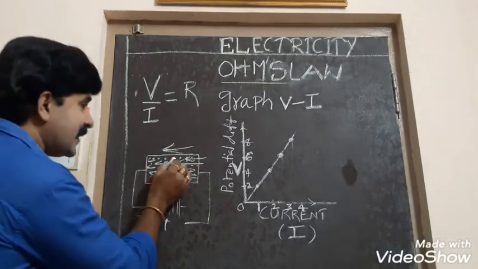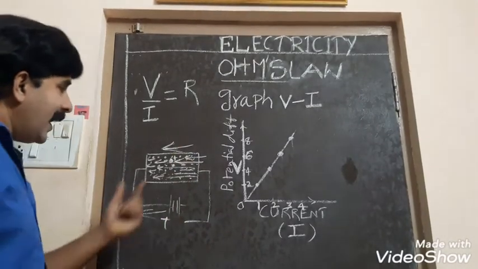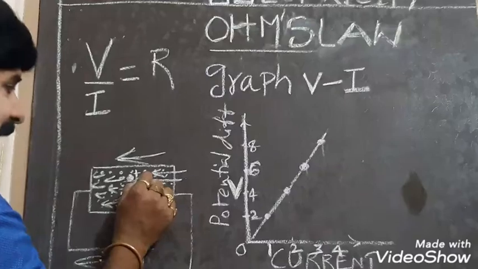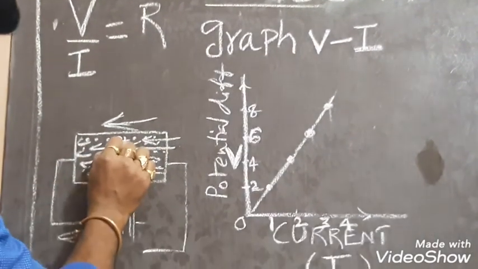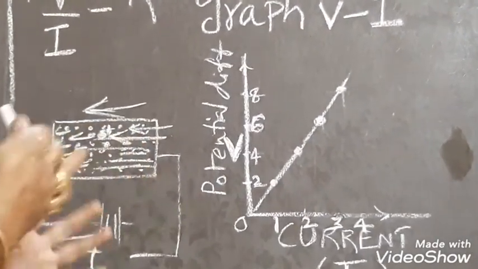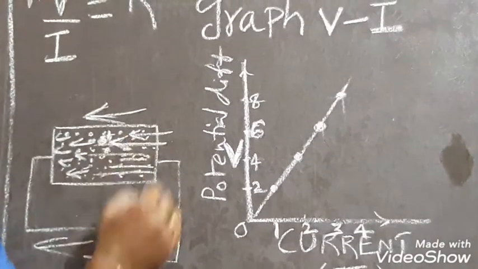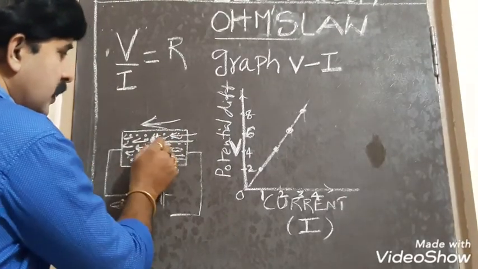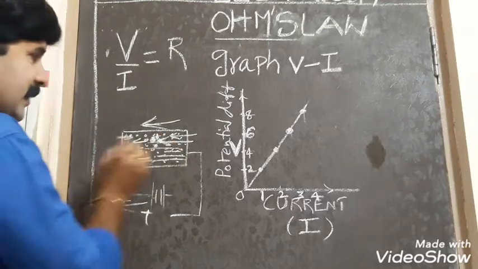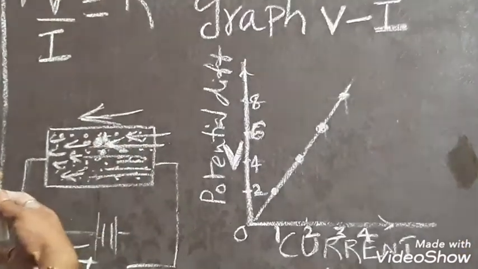When these positive ions, made by the collision, meet the electrons flowing through as current, the plus and minus get attracted.